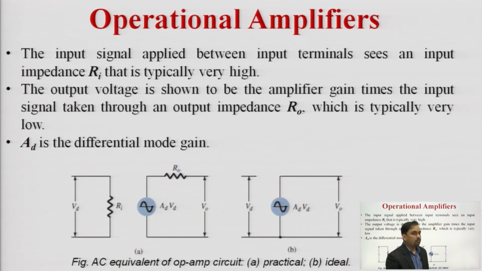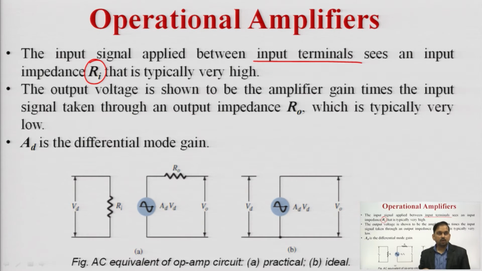Now, we will see that when the input signal is applied between the input terminals, meaning the inverting and the non-inverting, we have an impedance given by Ri, which is the input impedance of the op-amp. And whenever we look from the output terminal, we have a resistance given by R naught, which is typically very low.